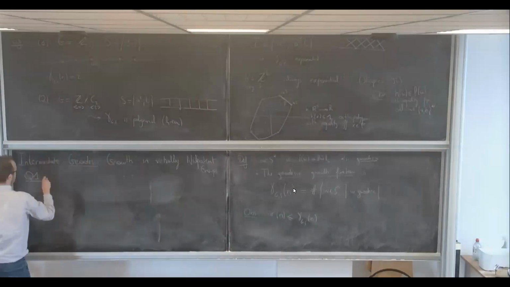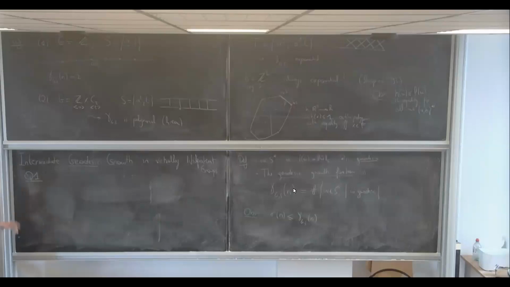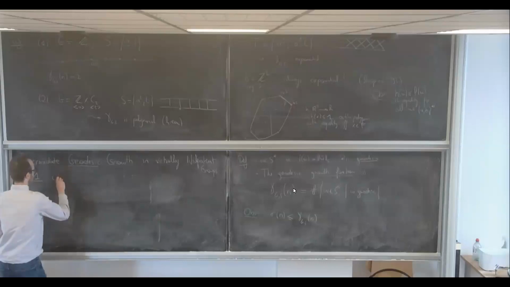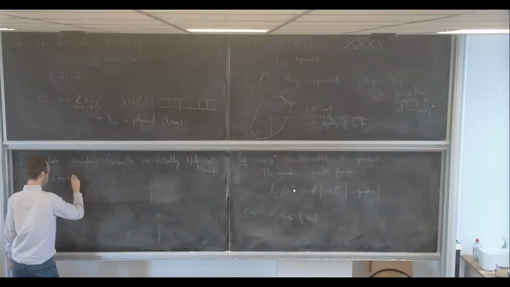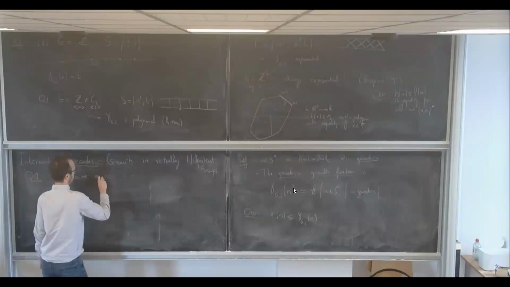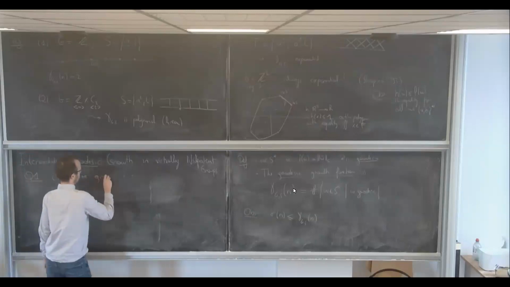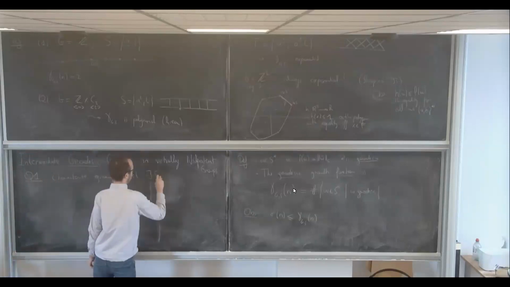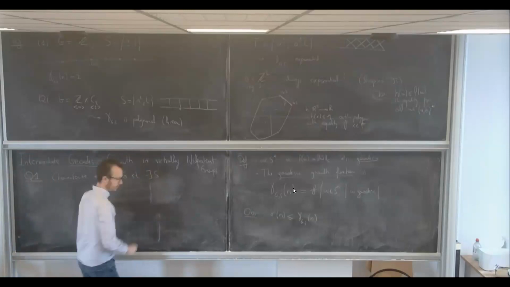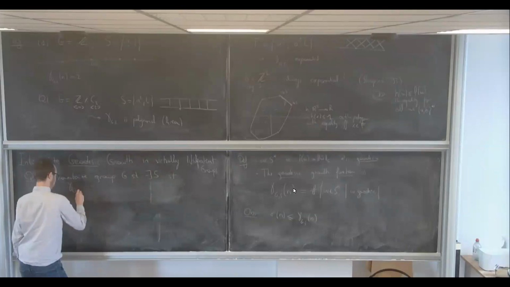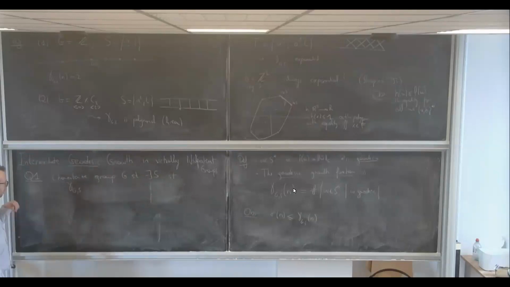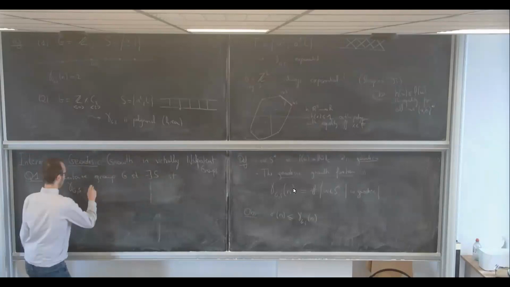So question 1 is the Gromov and Miller question, and Gromov answer: characterize groups such that there exists some S such that the corresponding geodesic growth function is linear, so bounded above by some linear function.